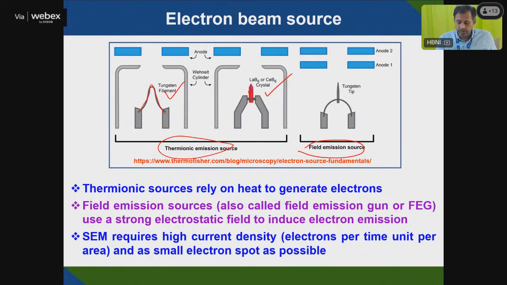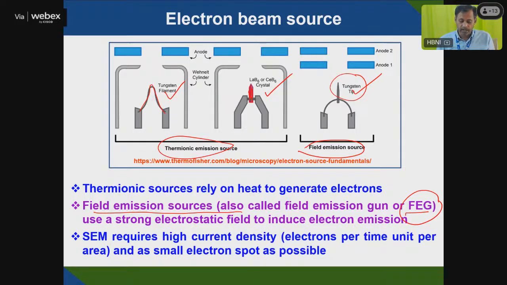In the case of field emission, a potential difference is created, and through this potential difference the tungsten tip produces electrons. Mostly the FEG, field emission gun source, is used nowadays, which lets you go up to high-resolution SEM. In the old conventional SEM you can see down to 30-40 nanometers, or easily beyond 100 nanometers, but in FEG SEM you can see even 10 nanometers.